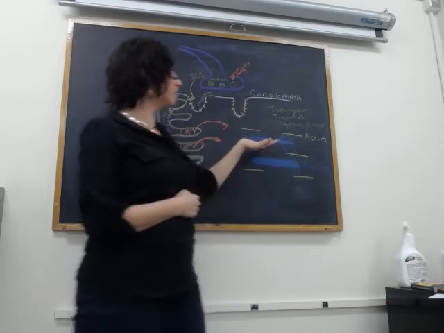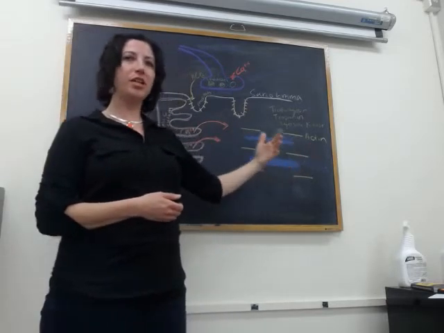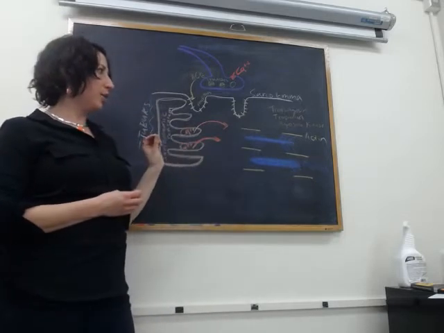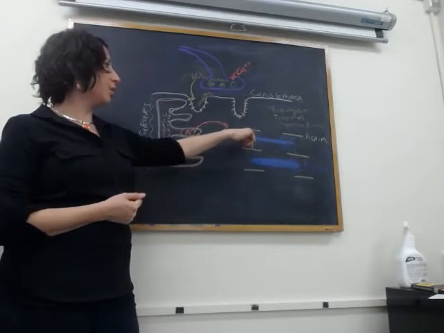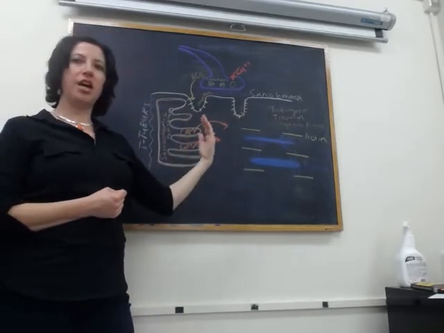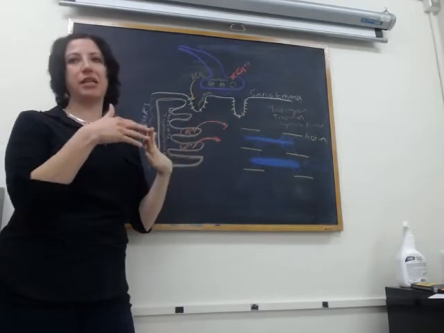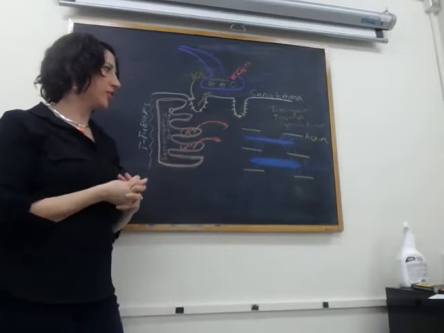In order for myosin to be able to bind to actin, we need to use ATP in order to get our myosin heads here in the cocked and ready position and able to form that cross bridge, that binding site with actin. So we use ATP and break that down.